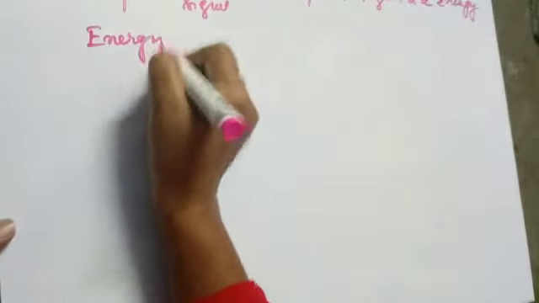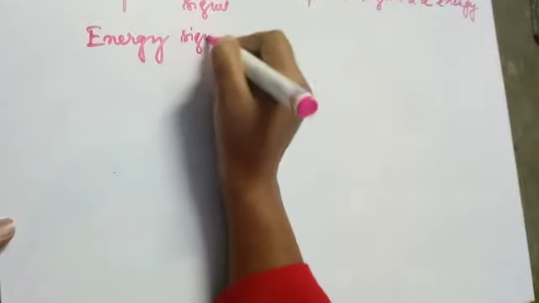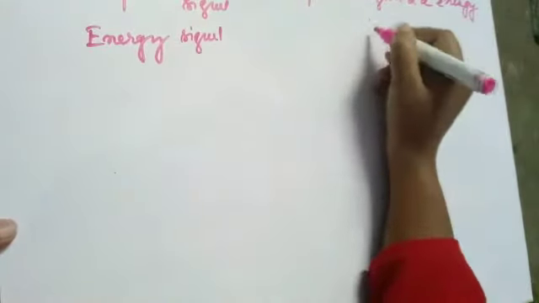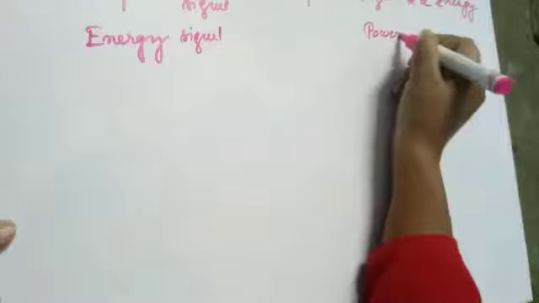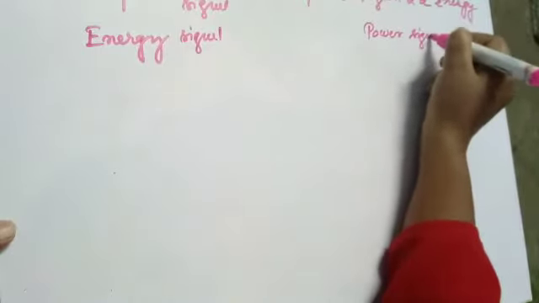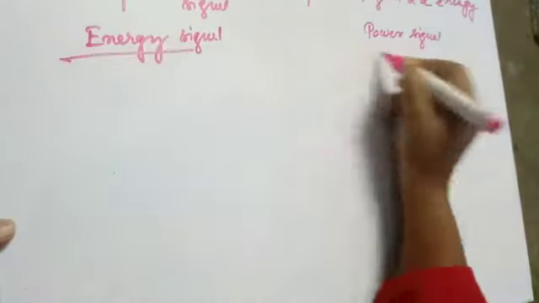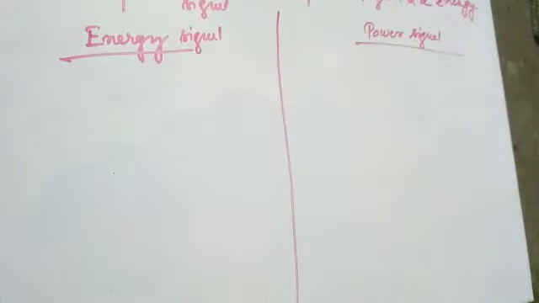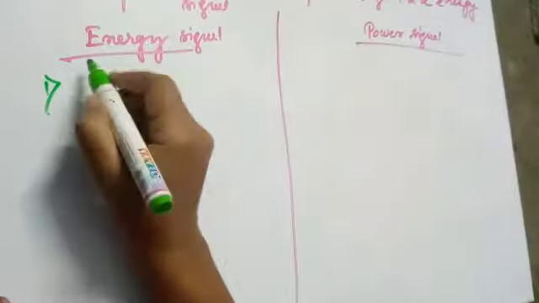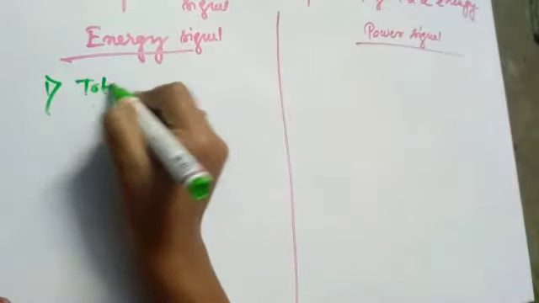On the left side, write energy signal, and on the right side, write power signal. Then, one by one, we observe all the characteristics of these two signals. The first is the total energy of a signal.